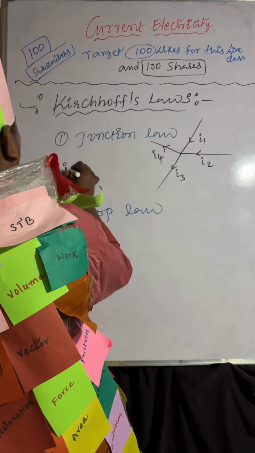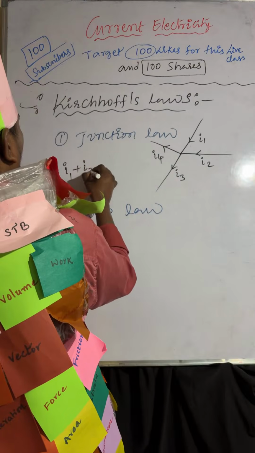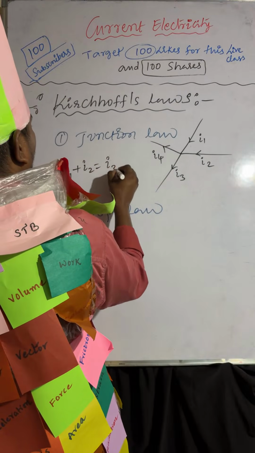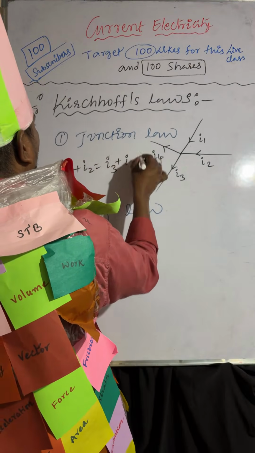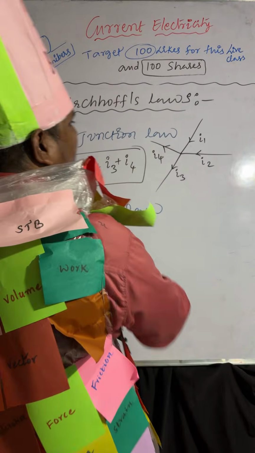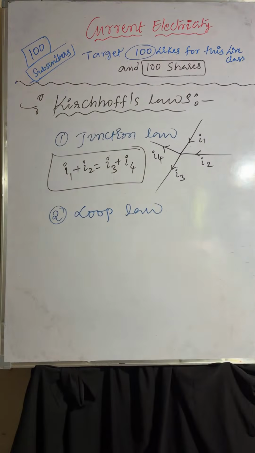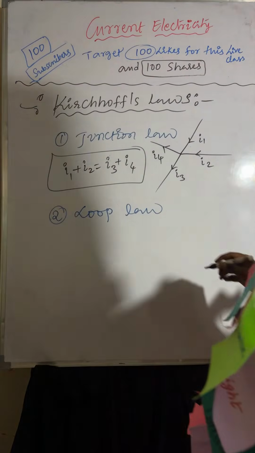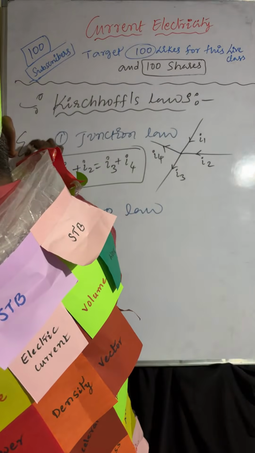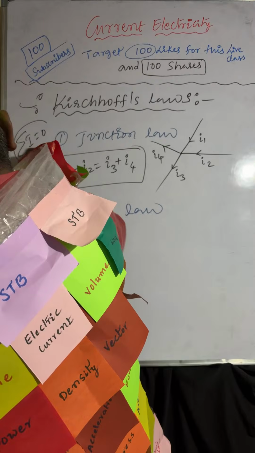So I1 plus I2 equals I3 plus I4. The sum of the currents reaching the junction is equal to the sum of the currents leaving the junction, or the algebraic sum of all the currents reaching a junction equals 0. We can also write sigma I equals 0.